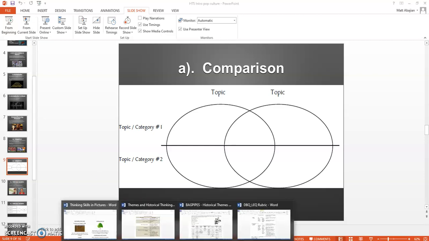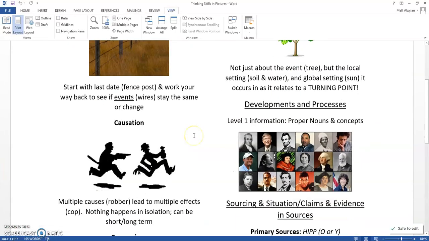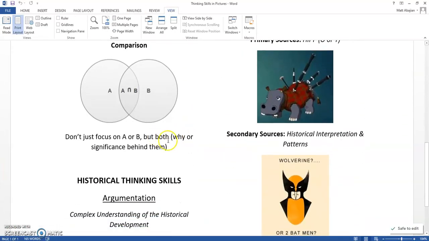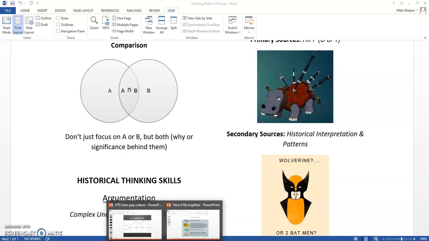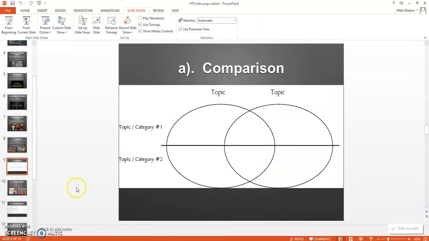If I'm taking a look at this visually and scrolling down here, with comparison you're not just focusing on what is similar and what's different. Here's the key: why are they similar? Why are they different? That is getting at some deep AP level knowledge. So that's the first historical thinking skill, reasoning skill, specifically found in your essays.